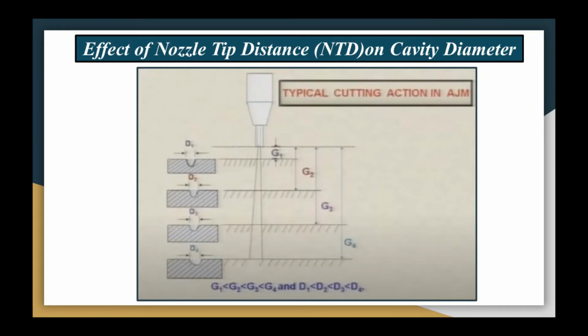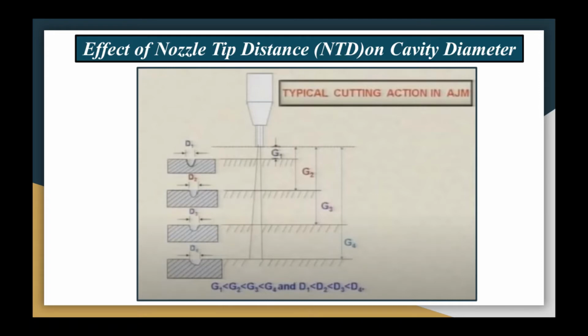If you increase the nozzle tip distance from G1 to G2, you will get the diameter of cavity D2, which is higher than D1. However, the depth beyond a certain limit of the NTD will decrease.